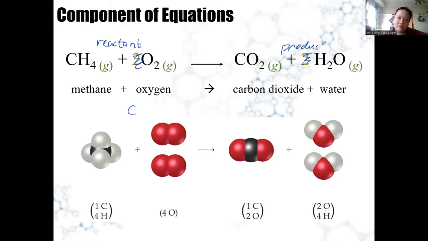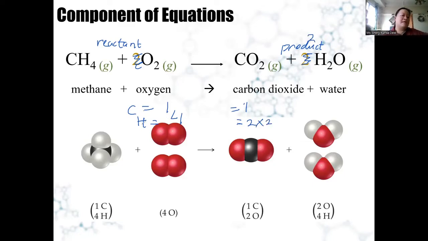Okay, the carbon on the left side is 1, and the carbon on the right side is also 1. So it feels like it's already balanced, right? And then the next one, you have to calculate the hydrogen. Hydrogen on the left side is 4, while hydrogen on the right side is only 2. So you have to times it by 2 to make it balance. So therefore this one is 2.